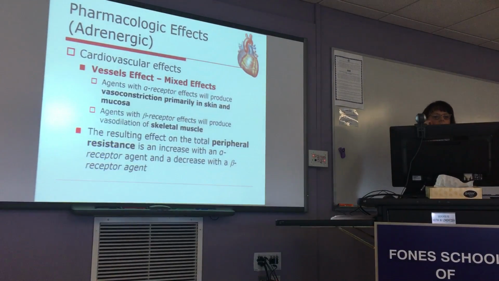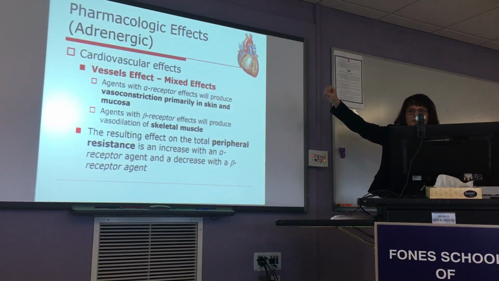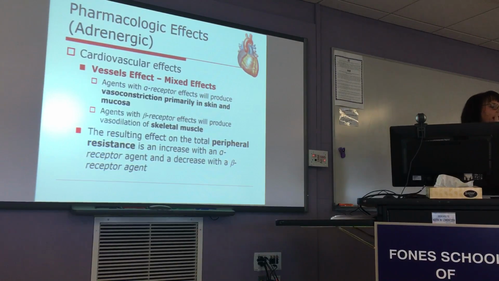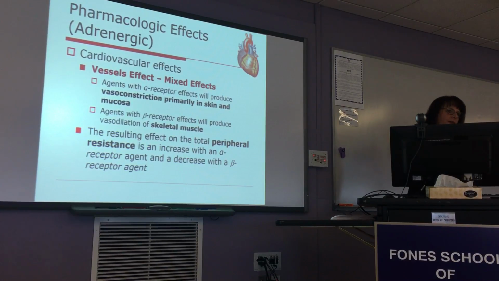On the vessels, there can be a mixed effect. If they have agents that have primarily alpha receptor effects, the vasoconstriction can happen primarily in the mucosa and the skin. If they have beta receptor effects, it can produce vasodilation in the skeletal muscle.